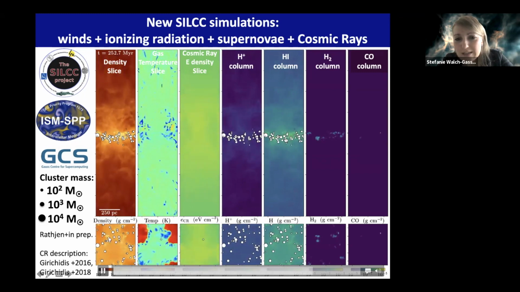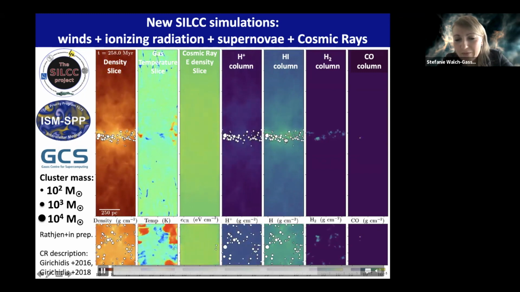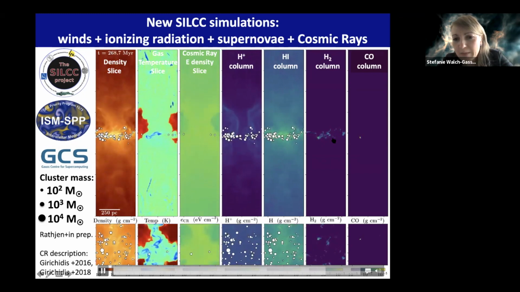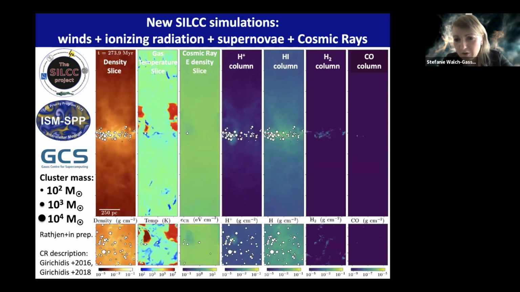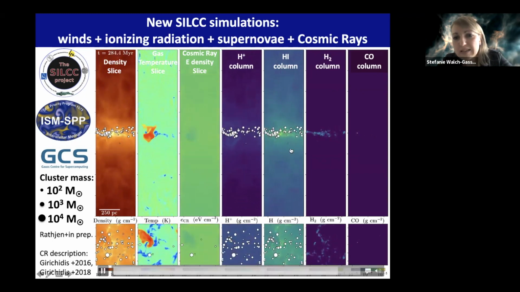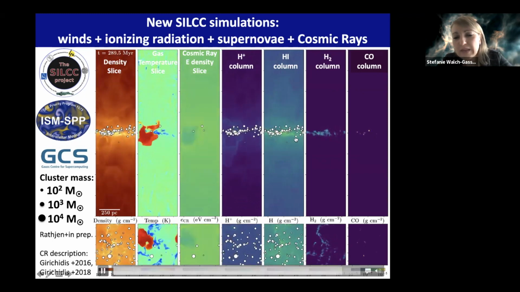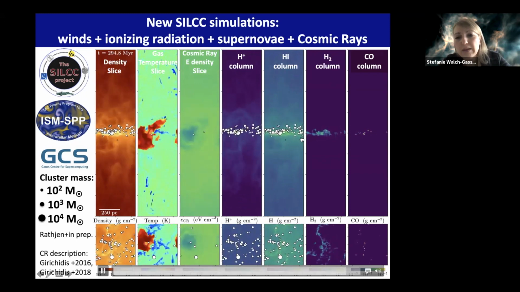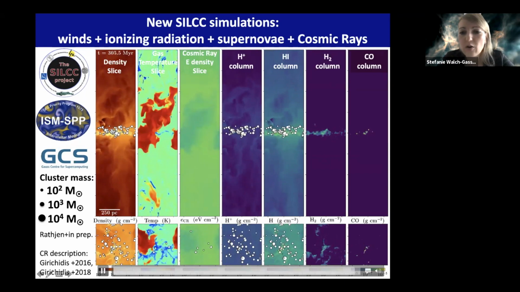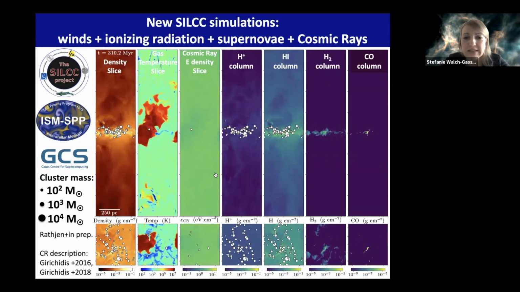So these larger scale simulations are not very well suited for studying the molecular gas, or for synthetic observations to compare with observations. For atomic hydrogen it might still be okay, but that, as you will see later, is probably not super well represented. So we are later on zooming in. That's what I will show you next.